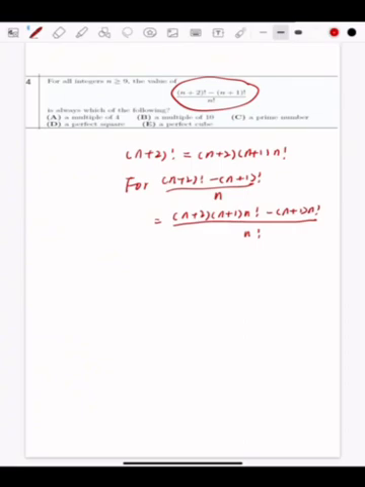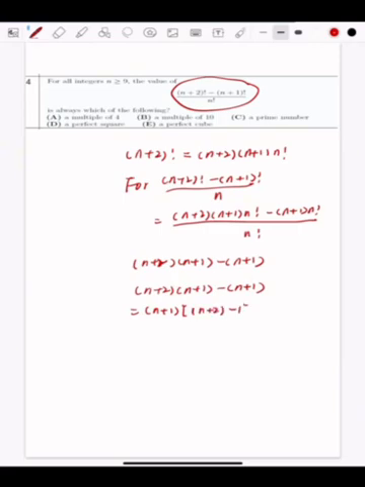And after canceling n in the numerator and the denominator, we get 2. And after this step, we factor out the n plus 1. We got this. And back to the answers, we choose D. That is a perfect square.